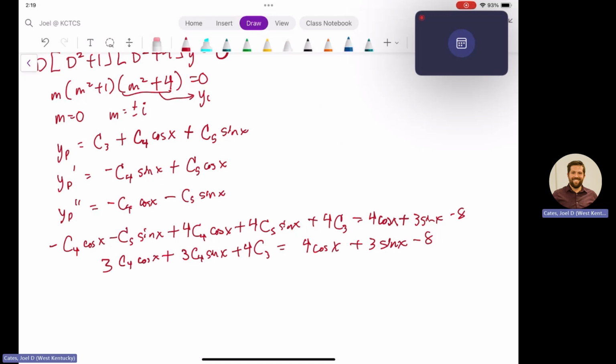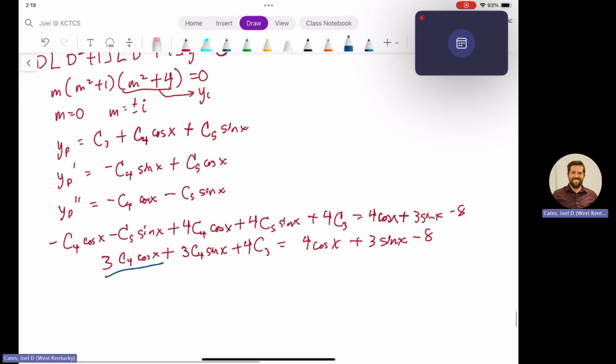Let's just point some stuff out. Cosine and cosine, those coefficients should match up. So I get that 3 c sub 4 is equal to 4. I'm sorry, I've got a c sub 4 there that should be a c sub 5. Okay. C sub 4 is going to be 4/3.